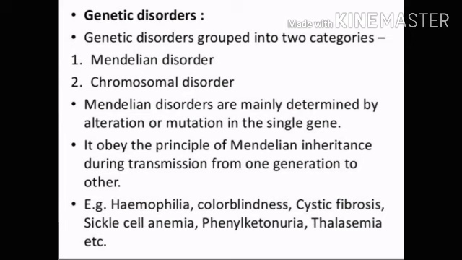Now genetic disorders. Genetic disorders are grouped into two categories. First is Mendelian disorder, second is chromosomal disorder.